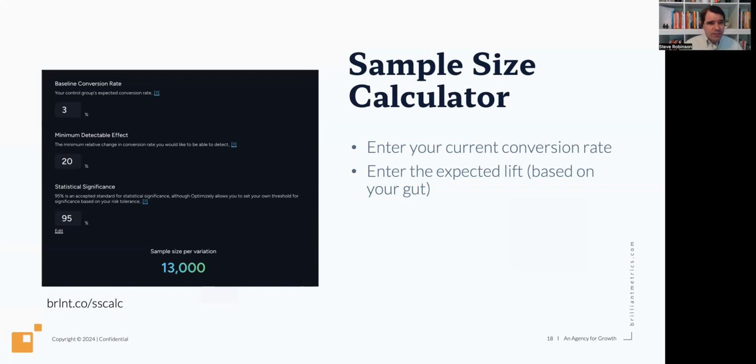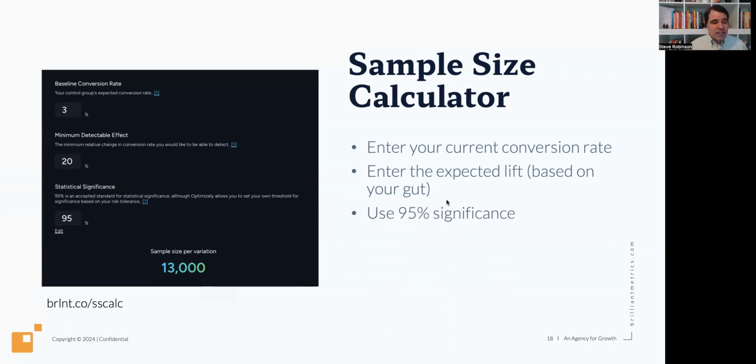I wouldn't go much above 20%, because then you start getting into your moonshot A/B tests where changing something small has some really giant impact. But 20-25%, maybe, if you're really confident it's going to make some waves. It really depends on your gut as a marketer on what kind of impact you expect the change that you're making to have.